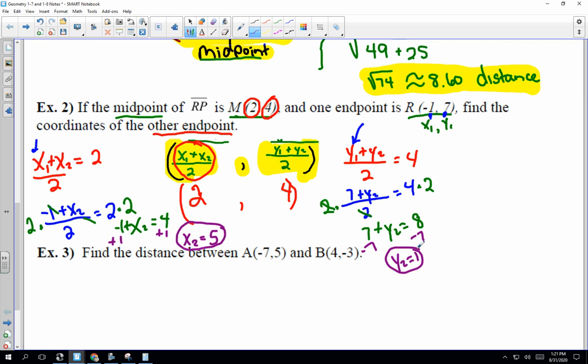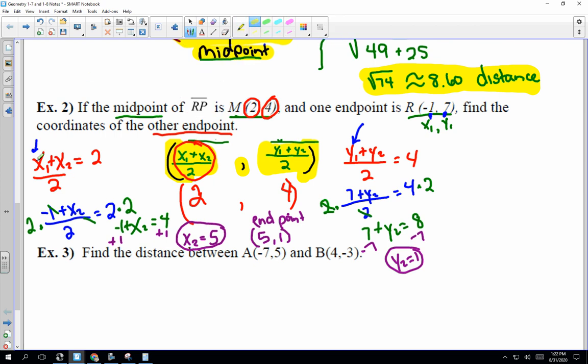Now we're going to squish them together because they've been separated for so long. And we're going to say that the endpoint is 5, 1.